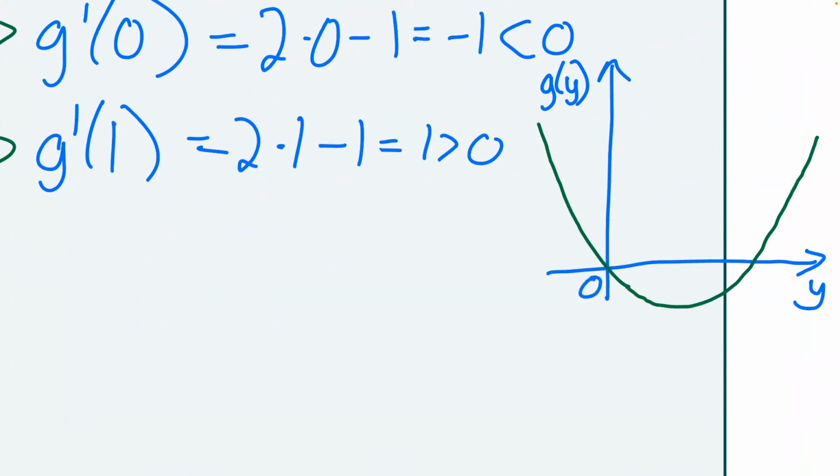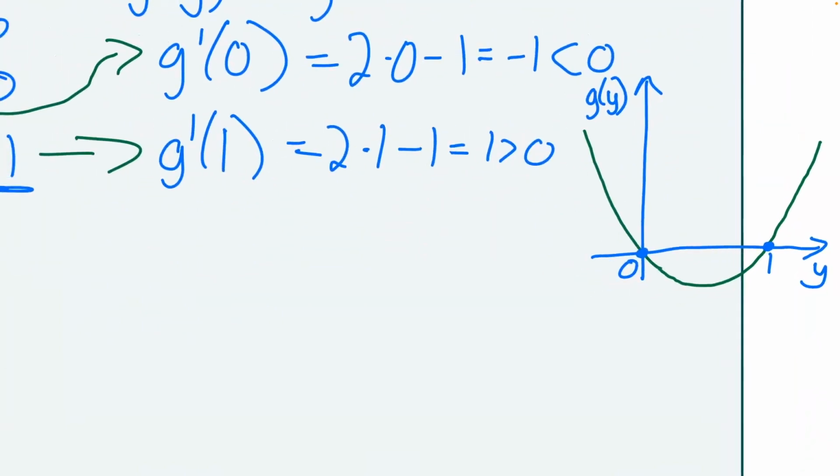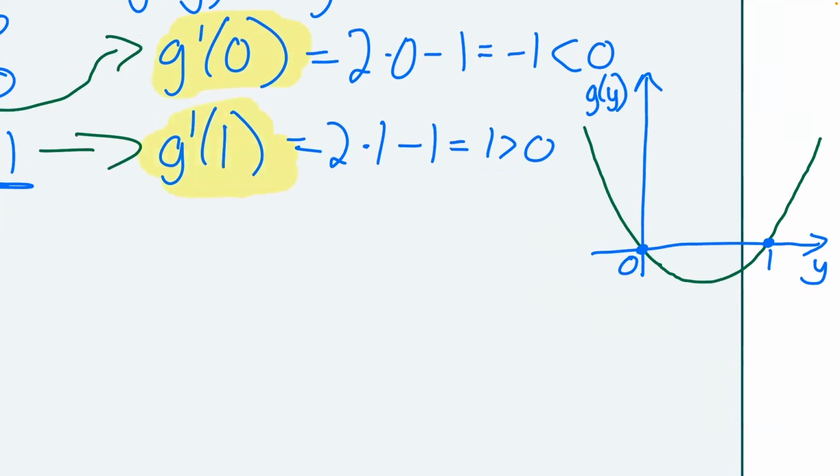So this is 0, and this is 1. These are the points where it crosses the axes. And I've just worked out my g prime. It's the gradient of this function at 0 and at 1. Okay? And you can see that at 0, this g prime is negative, and at 1, it's positive.